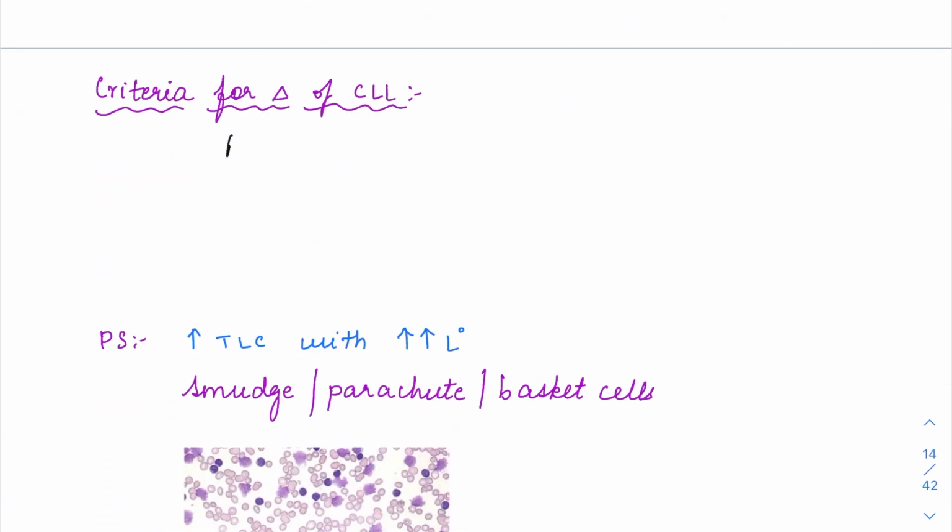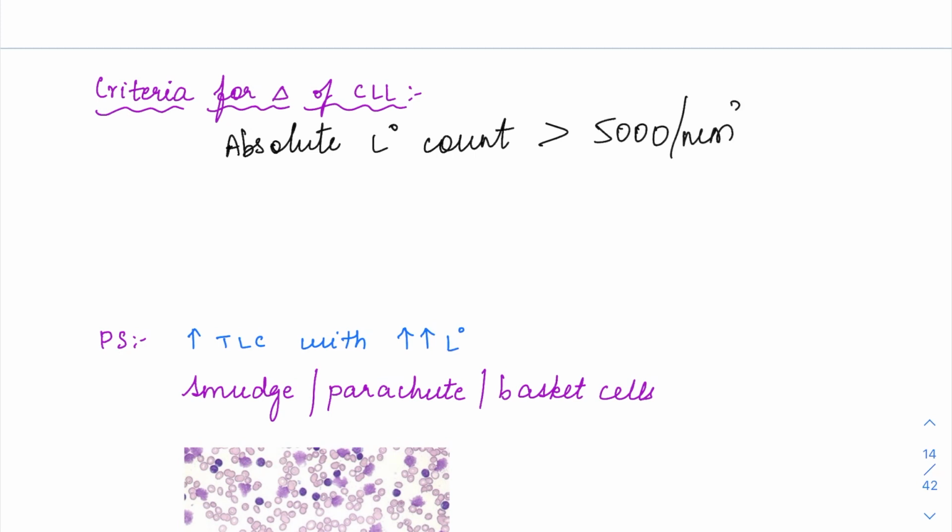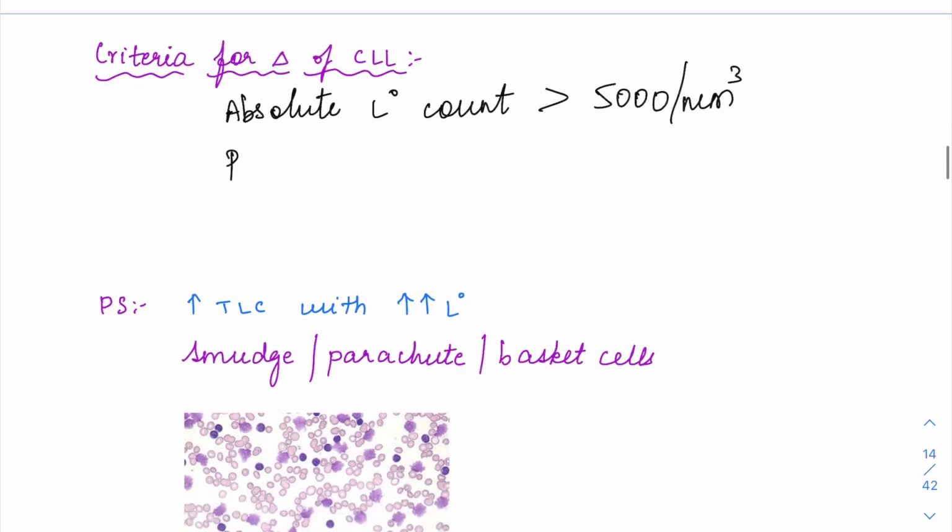The criteria for diagnosing CLL is an absolute lymphocyte count of more than 5,000. So in the peripheral smear, we have to have a lymphocyte count of more than 5,000 per cubic millimeter. And in the bone marrow, the cellularity should be more than 30% composed of clonal lymphocytes. So this clonal lymphocyte population should be occupying more than 30% of the bone marrow cellularity.